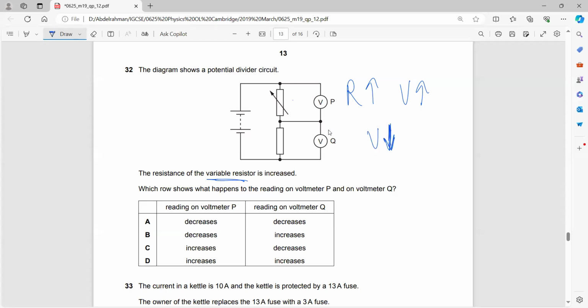The voltage will decrease. Again, very simply, as you increase the resistance, the voltage increases. Right? And as you increase one of the voltages, what happens to the other voltage? It decreases. It has to be C. Yes, excellent. Resistance increases, voltage increases, so the other voltage would be less. It would decrease. Yes, excellent.